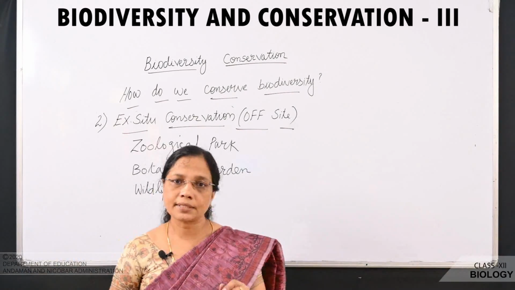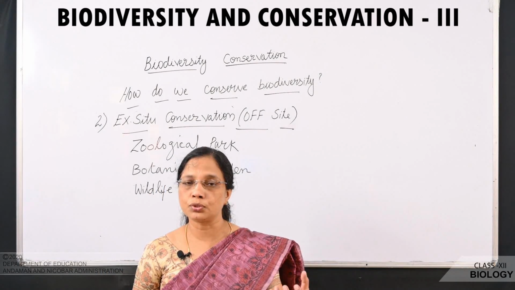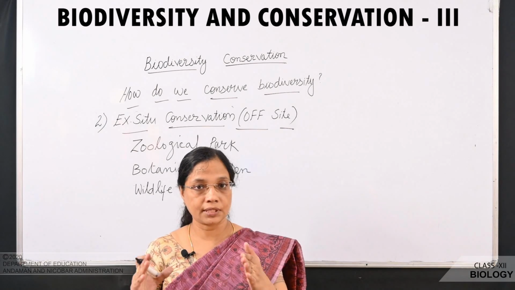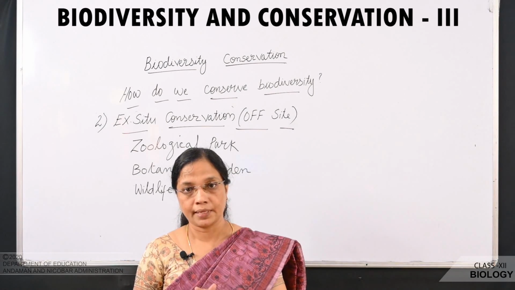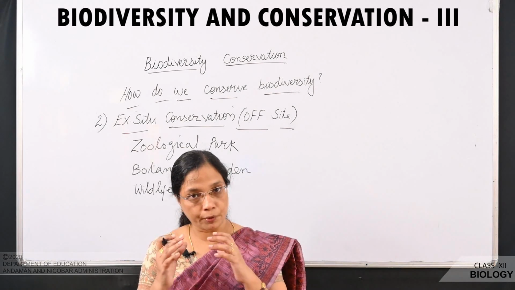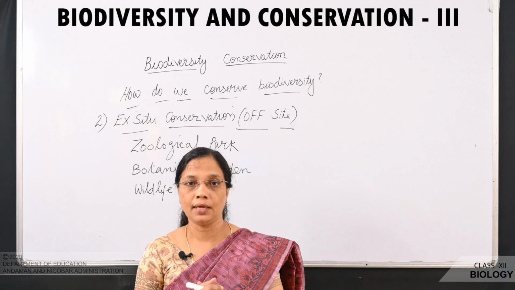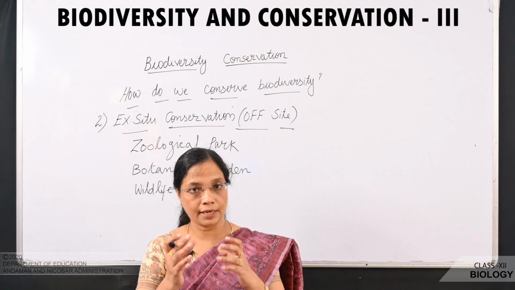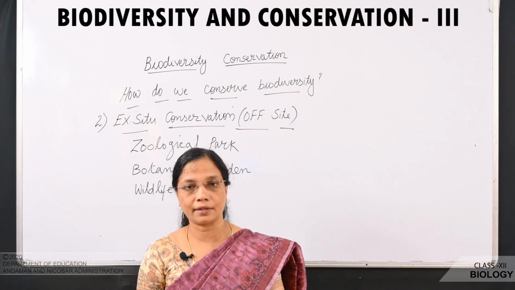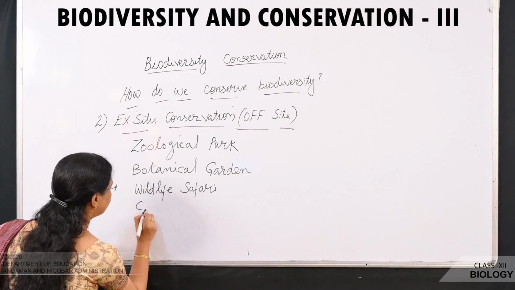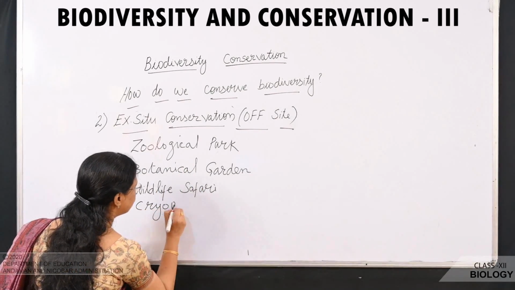But there are certain cells, tissues or gametes which have to be protected. Suppose there are certain threatened or endangered species; the gametes have to be preserved. That technique is known as cryopreservation.